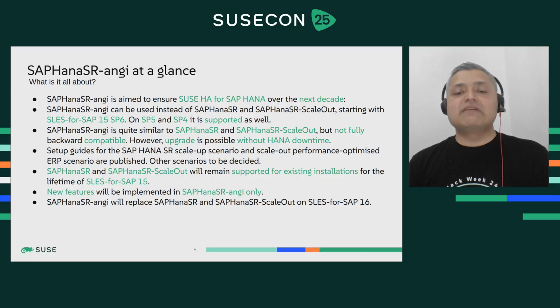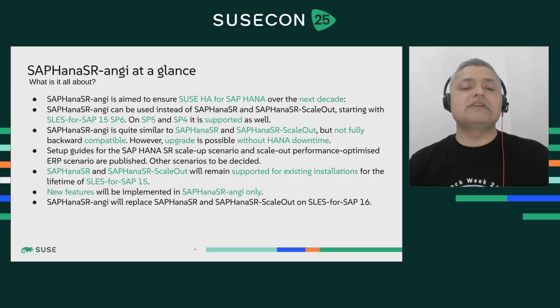It is quite similar to the existing classical packages of SAP HANA SR and SAP HANA SR scale out. For obvious reasons, it has been built upon these existing packages, but there are improvements and there are changes, to an extent that this new package is not fully backward compatible.